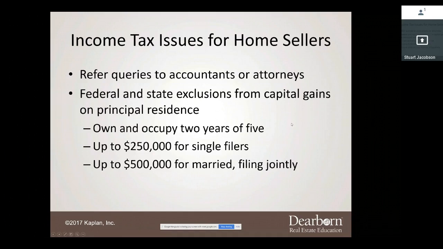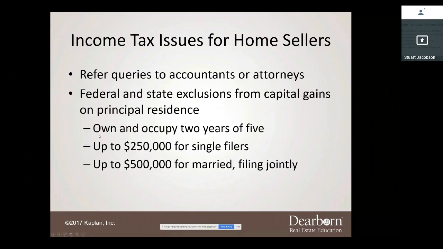Okay, so that's two numbers that I do want you to remember, because they will ask you about the exclusions from capital gains. What are capital gains? After expenses, what are you walking away with? You bought the home for 100,000, you're selling it for 200,000. If you had no other expenses, and using round numbers in this example, you make $100,000.